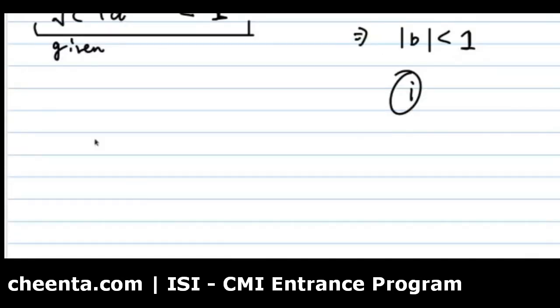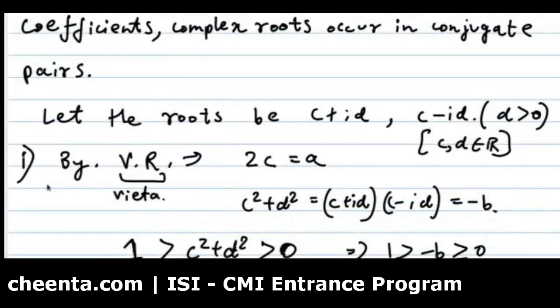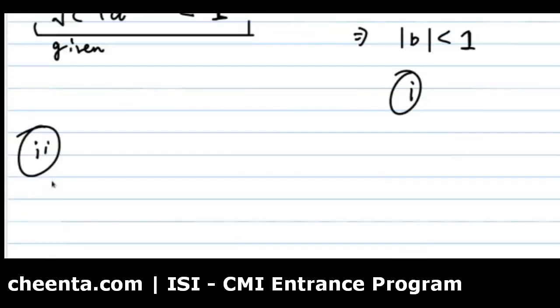Second part is the set. We have minus 2c equals minus a, c square plus d square equals minus b.